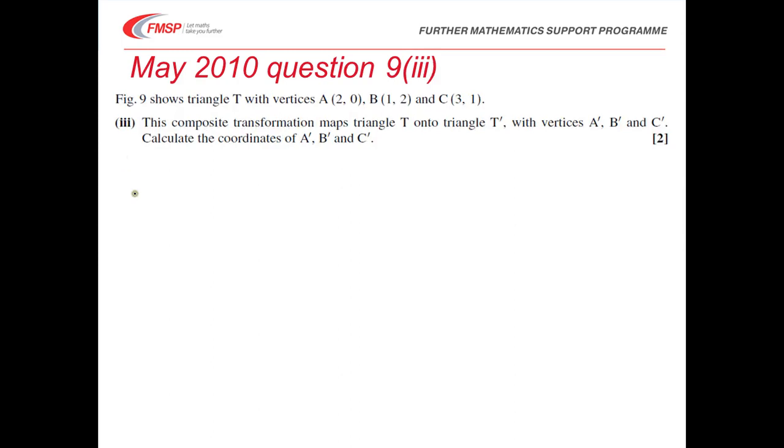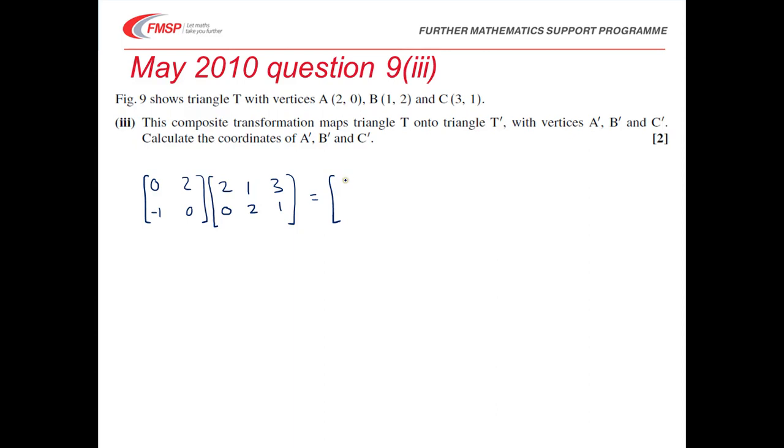Then we're asked to find the new coordinates using this transformation. So the matrix we just worked out, which was 0, minus 1, 2, 0. And you can do this as a single calculation by putting all 3 points into one matrix, which saves a little bit of writing.